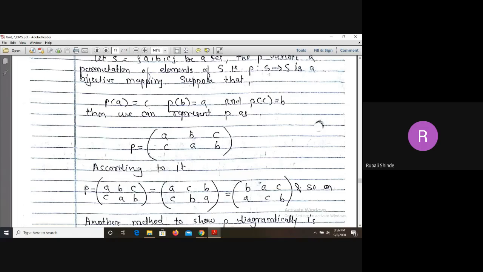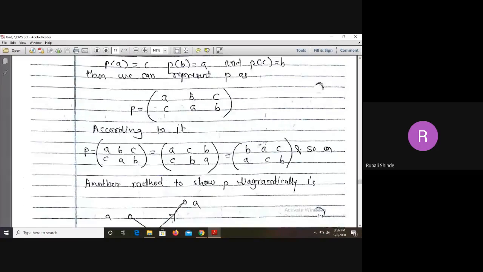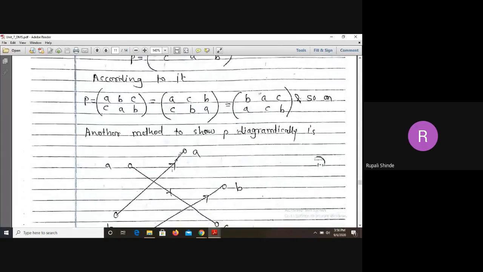P of A is equal to C means that if you apply permutation P on element A, it will give you C. So A is mapped into C. Likewise, we can represent any permutation. Again, we can change the sequence of ABC, such as CAB, so these three possibilities are given here. We can represent it in any way.